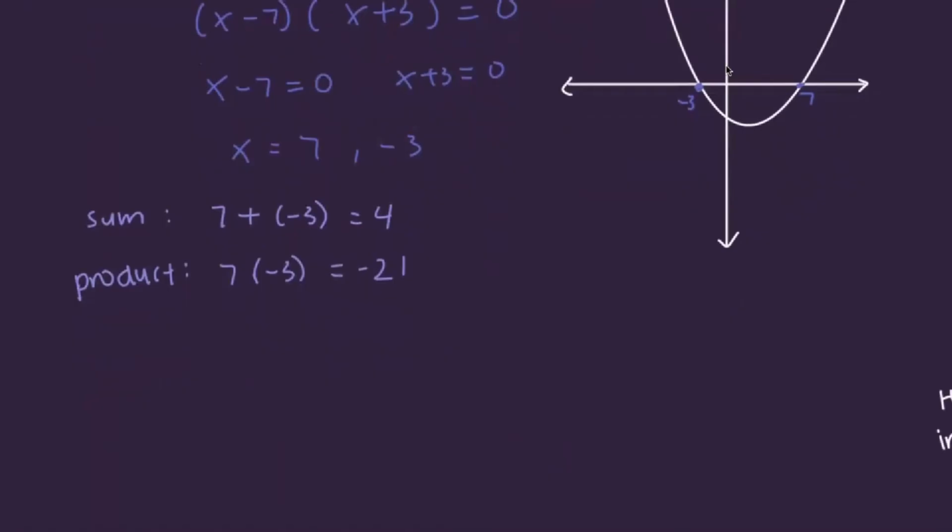If you don't know the roots of a quadratic, given the formula y equals ax squared plus bx plus c, the sum would be equal to negative b over a, and the product would be c over a.